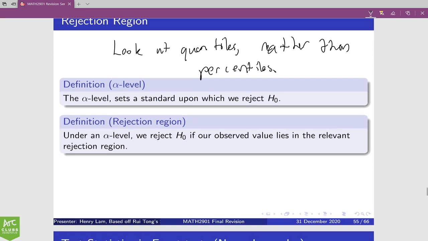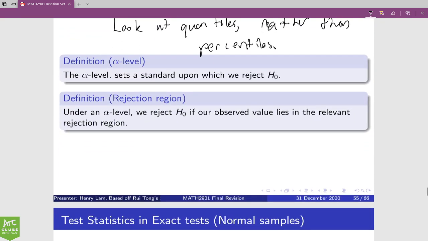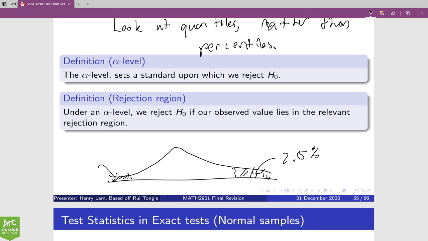The rejection region is just, if you imagine the 5% confidence interval, for a two-sided test we want the probability to be 2.5% in each tail.